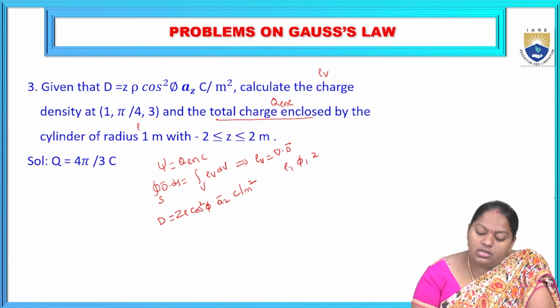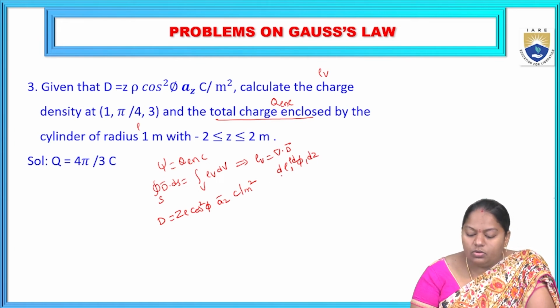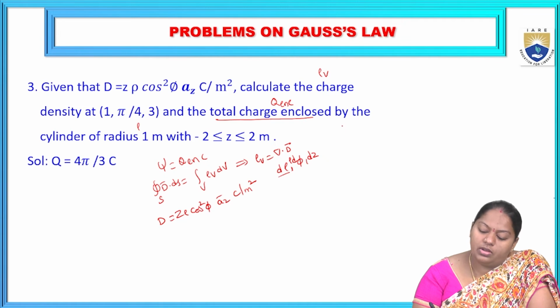Since it is cylindrical, the differential components are d rho for rho, rho d phi for phi, and dz for z. The rho and z components are directly written as d rho and dz, but for the phi component we have to consider it along with its radius, because here we are finding the length of an arc.